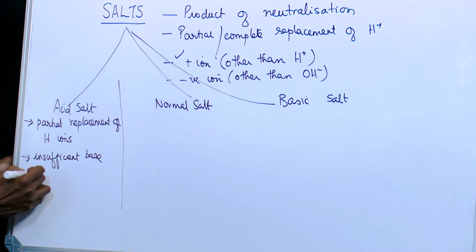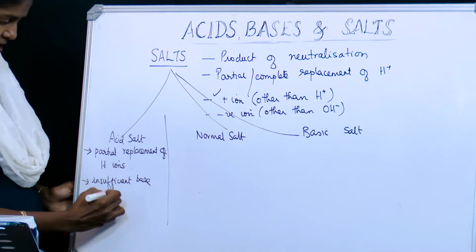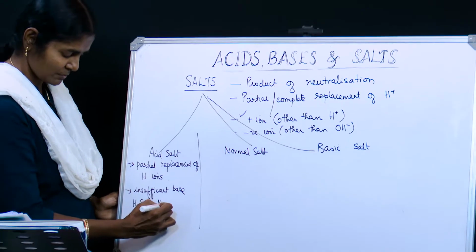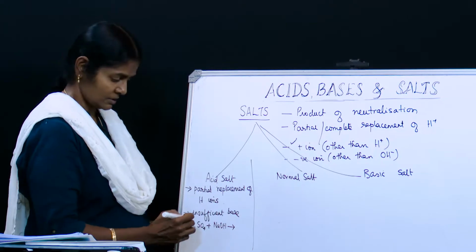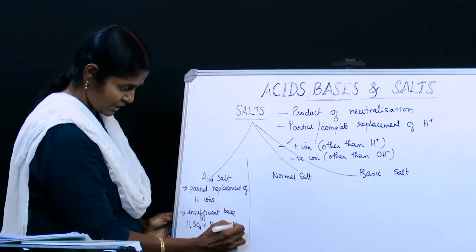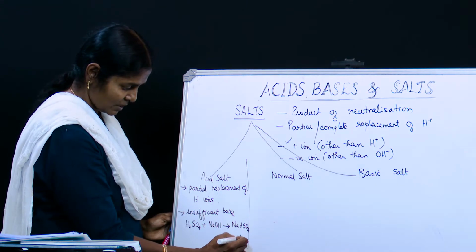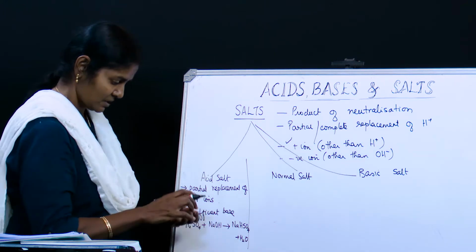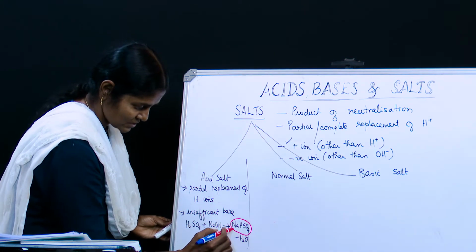For example, if we take sulfuric acid, dilute sulfuric acid, this reacts with sodium hydroxide, which is right now only one molecule. Then it could only form sodium bisulfate and one molecule of water. Now this results in an acid salt.